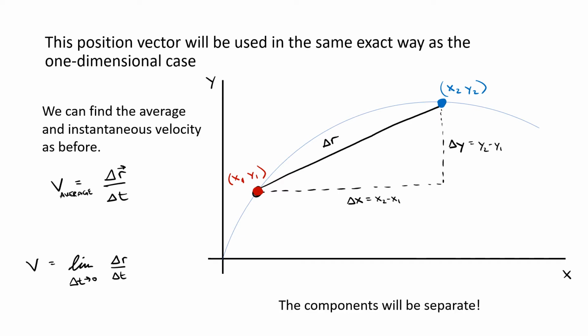The components will be separate. The components of these 2 points tell you where the thing is, but I'm just going to separate all the x terms to one side, and all of the y terms to the other side of this triangle I'm making.